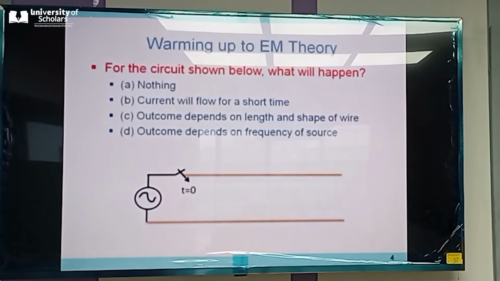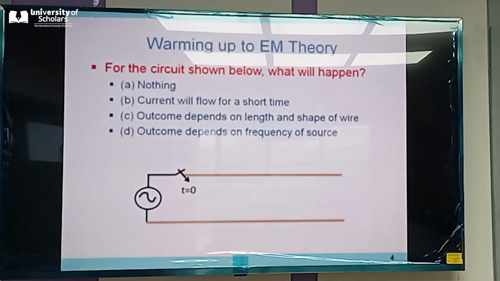These wires can be assumed to be ideal. Both wires are exactly the same, and the room temperature and the properties of the molecules of the wires are all the same. Now at some time t equal to 0, we are going to connect the two wires to the signal source. There is a switch, and when we connect, that is the starting time. We call it t equal to 0.